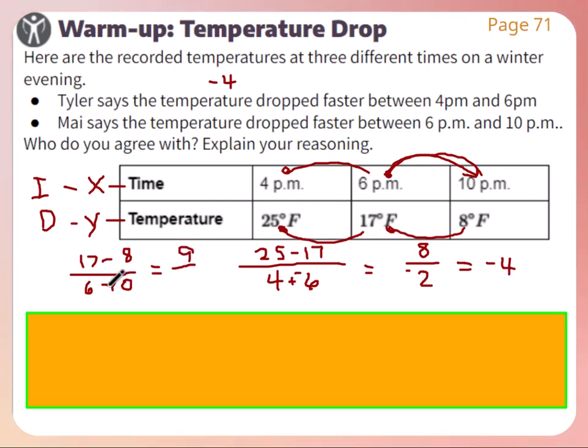And 6 minus 10 is -4. Okay, so the rate of change here between 6 and 10 is 9 over -4. Put that in your calculator, you get -2.25.